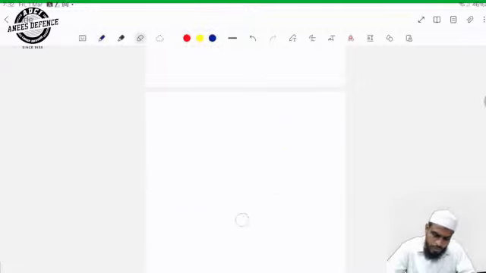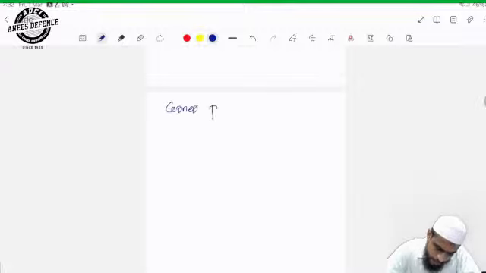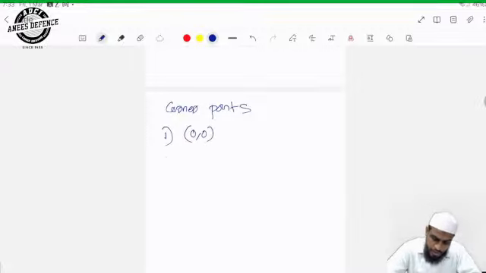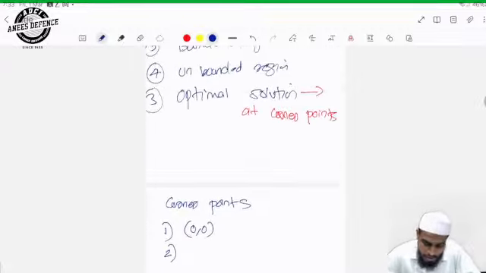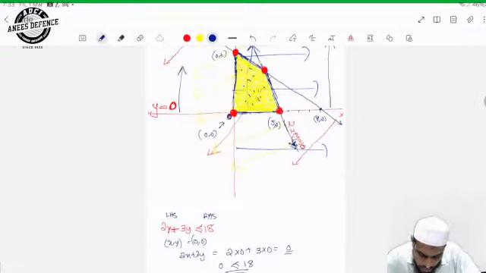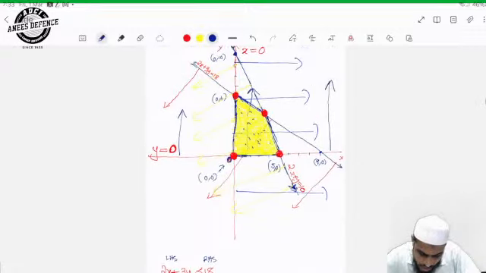In our question, what are the corner points? First one, 0, 0. Second one you can see is 0, 6.